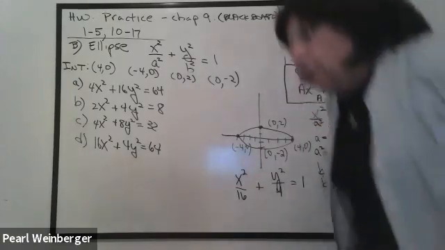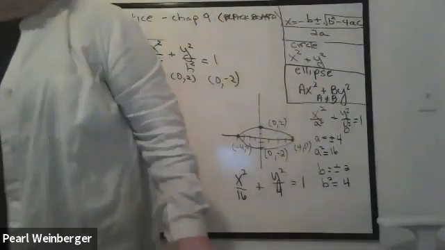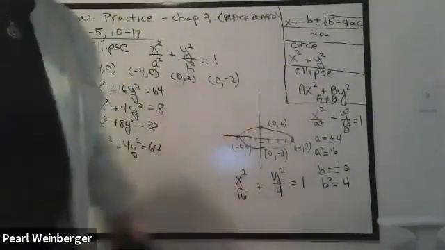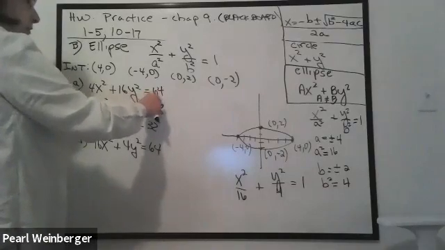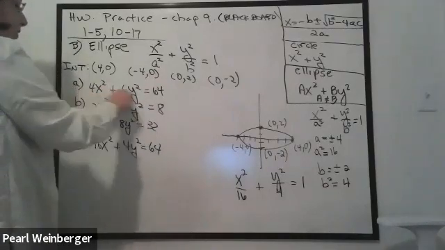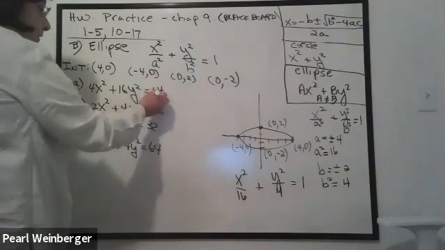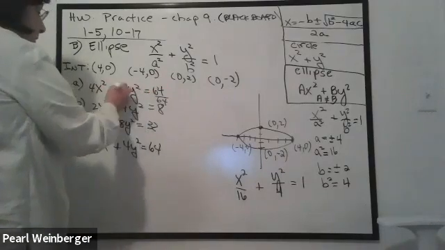It's not hard to put answers into standard format by just dividing the number by the number that's on this side. In other words, if I wanted to put this in standard format, I'd have to divide everything by 64.